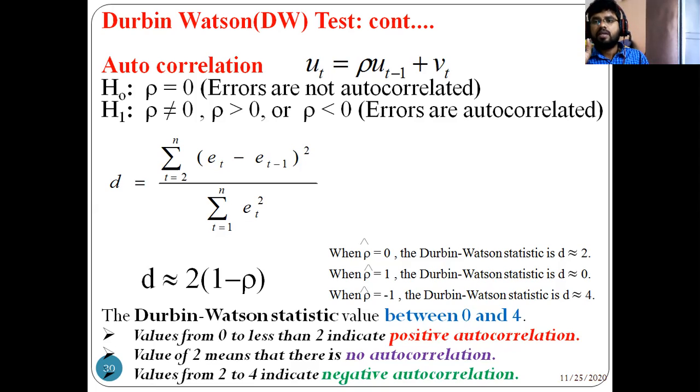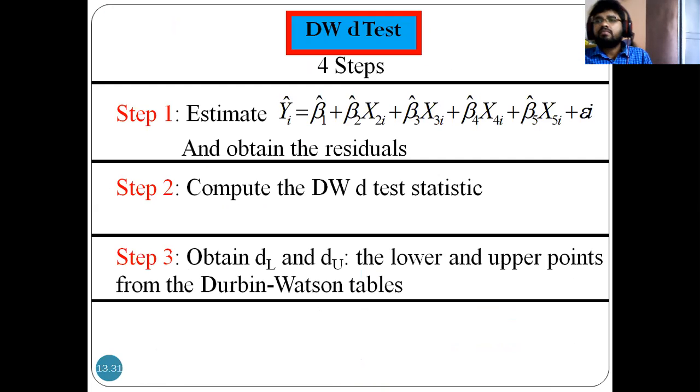If D is less than 2, it may be 1.5, 1, 0.8, 0.9, 1.8, 1.6 or 1.4, it means there is a positive autocorrelation in your problem. Is it clear? Then, how can we test the D statistic?